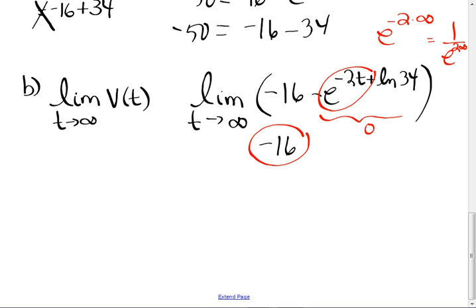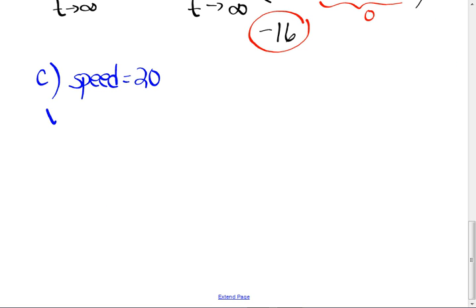Okay, and then the last part, which everybody really struggles with, because you really do have to think. There's a subtlety here. It is safe to land when the speed is 20 feet per second. If the speed is 20, what's the velocity?